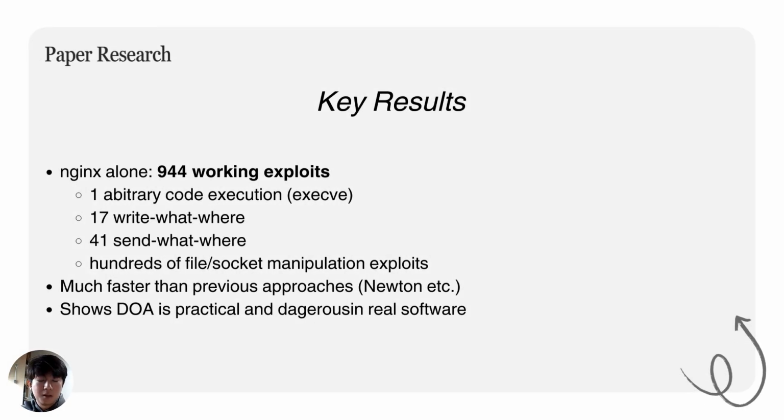Using this pipeline, Einstein analyzes NGINX and automatically identifies vulnerable syscall chains. It searches for usable gadgets, examines how NGINX handles and propagates data, and determines where attacker influence is possible.